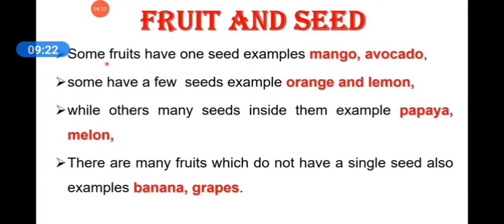Examples, mango, avocado. Some have a few seeds. Example, orange, lemon. While others have many seeds inside them. Examples, papaya, melon, etc. There are many fruits which do not have a single seed. Example, banana, grapes.